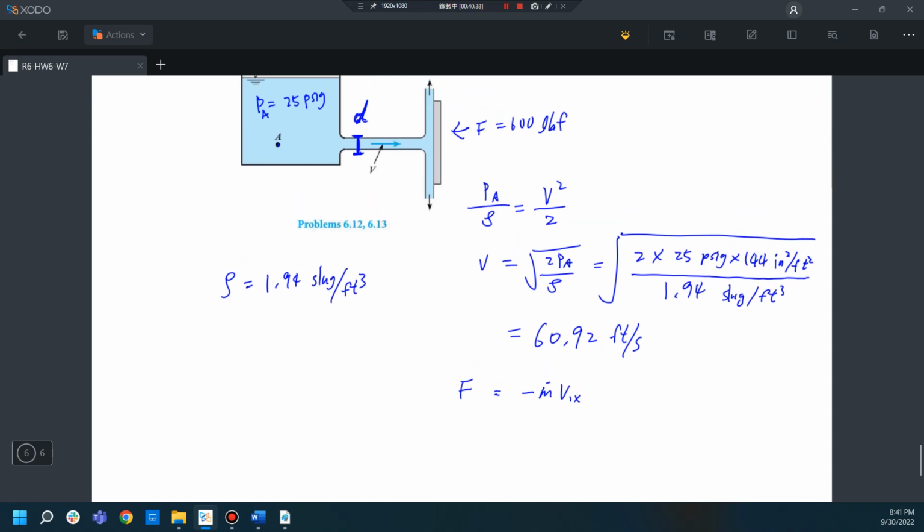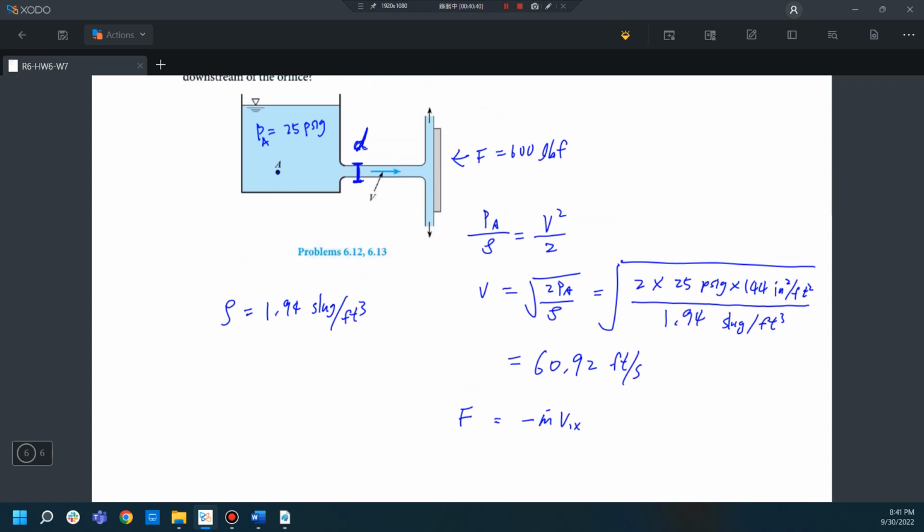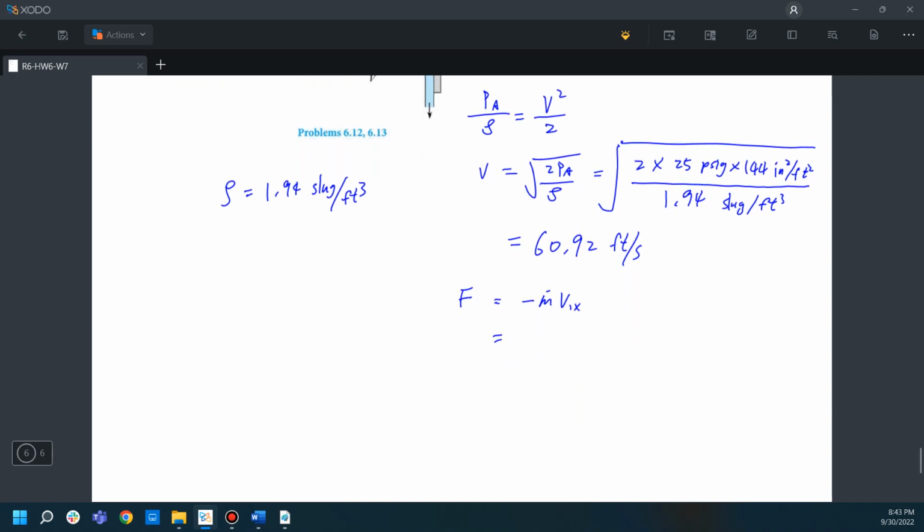Okay, in this case, this will be minus m dot v1, so the sign will just be cancelled out.